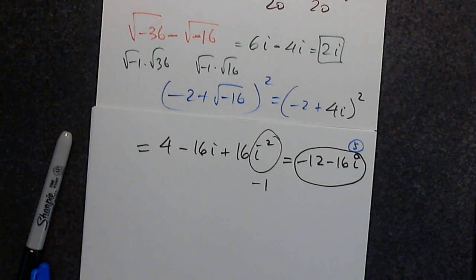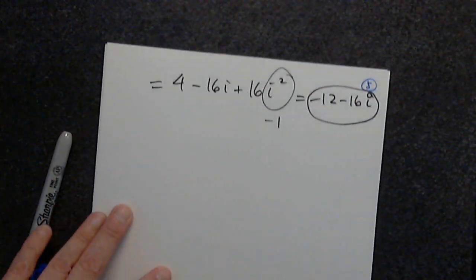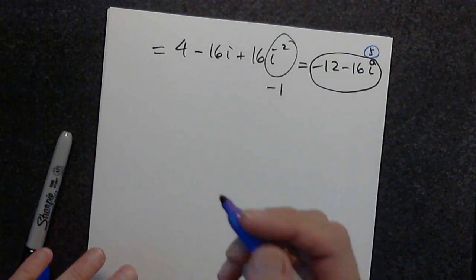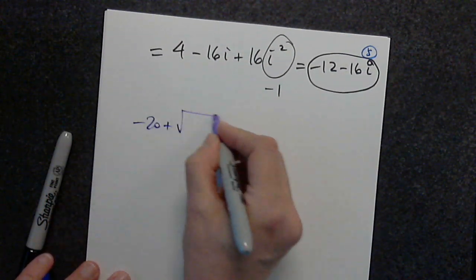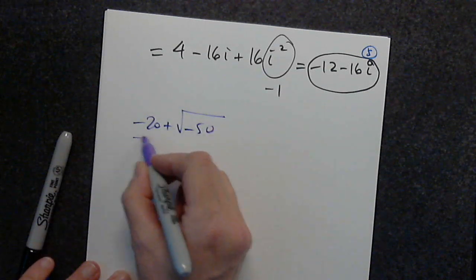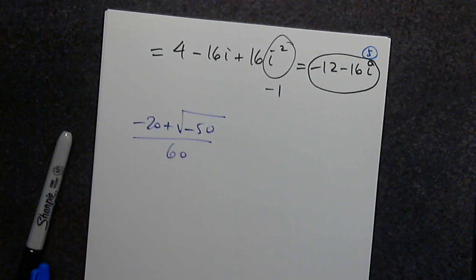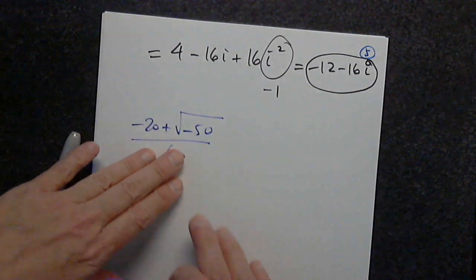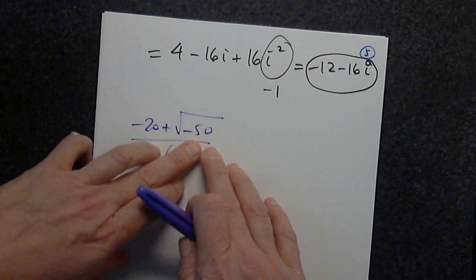In this one we have negative 20 plus the square root of negative 50, divided by 60. So we're asked to fully simplify this. I can't do anything to negative 20 for now, and 60 is 60, but I have to simplify this.